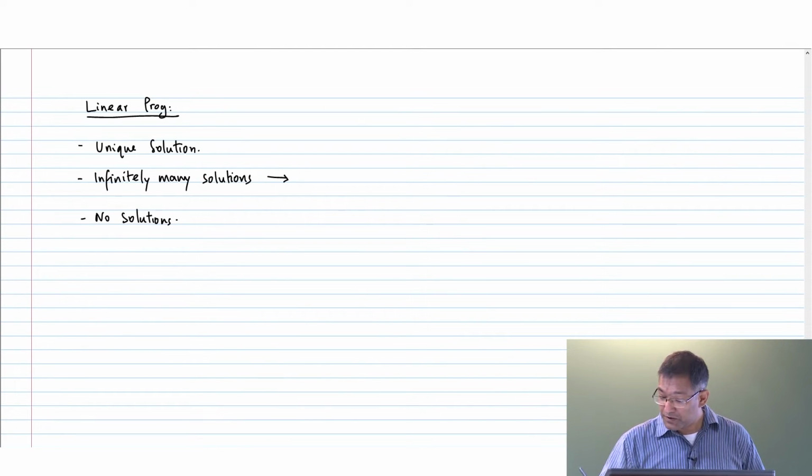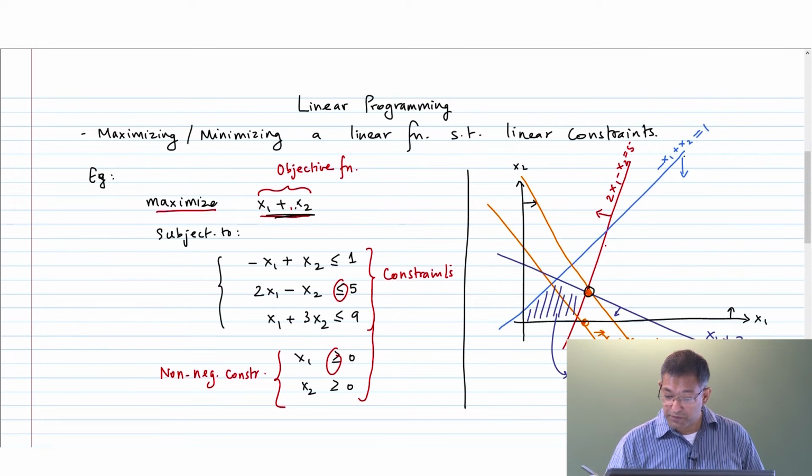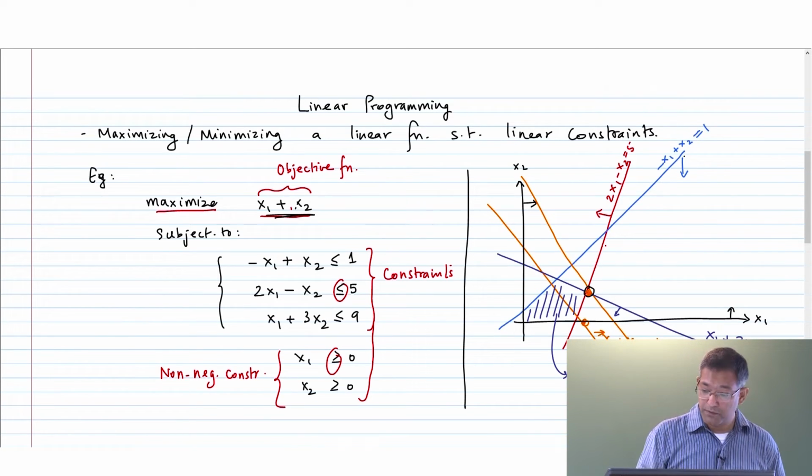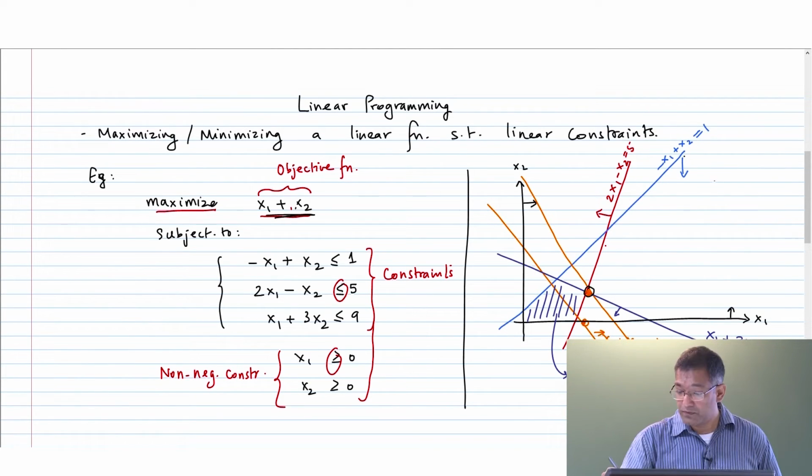If we go back to this picture, instead of trying to draw it again, and let us suppose that the objective function is x1 plus 3x2.